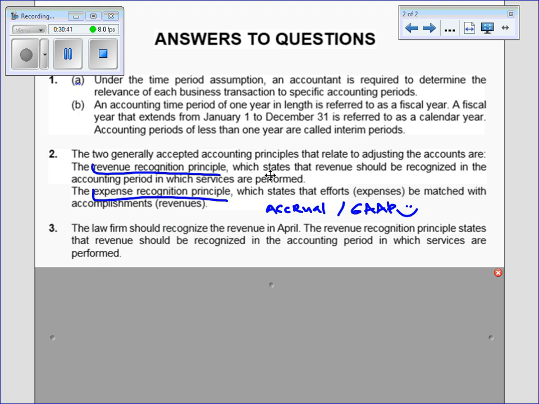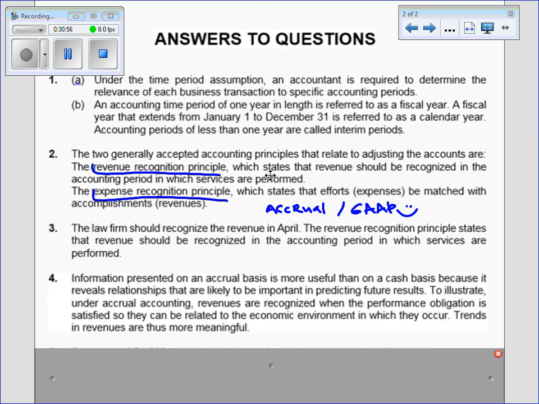Number 4, why do accrual basis financial statements provide more useful information than cash basis? Under accrual accounting, revenues are recognized when the performance obligation is satisfied.